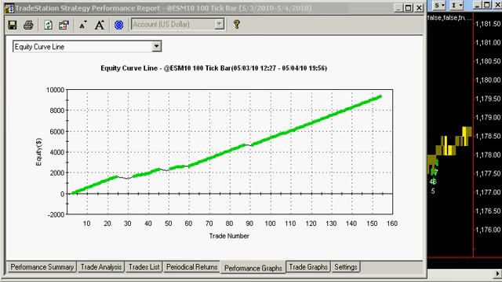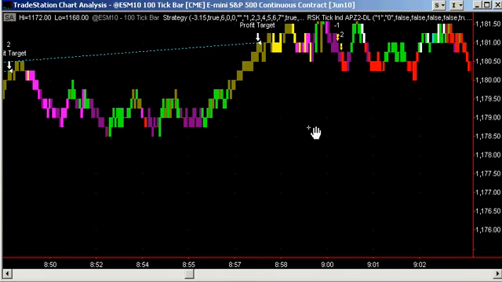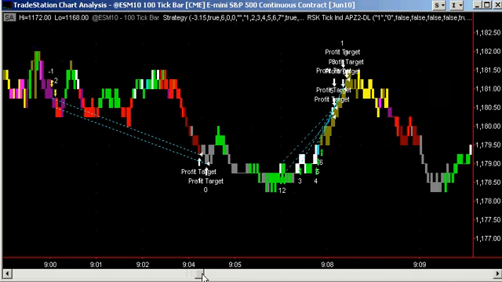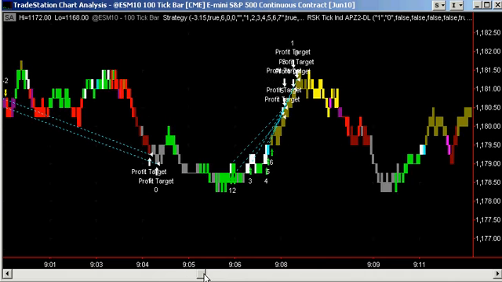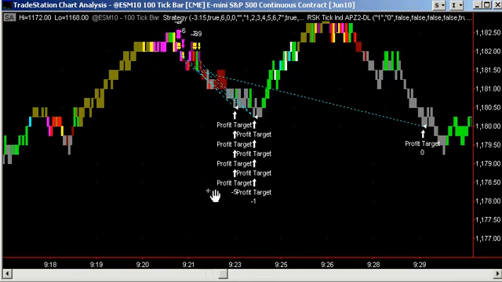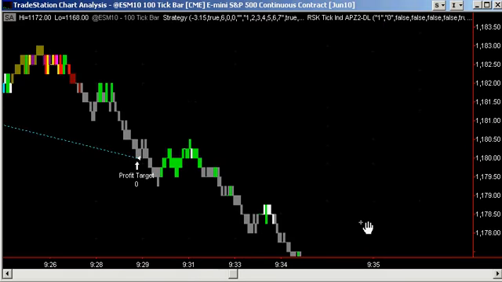The profit target set up in this set of strategies is only set to 6 ticks. So we get a variety of different signals based upon the different strategies, and accompanying profit targets are hit based on 6 ticks. And we could go on. Let's take a look at another strategy.